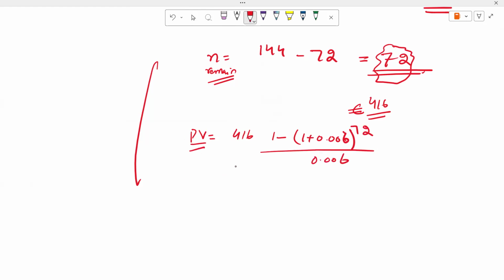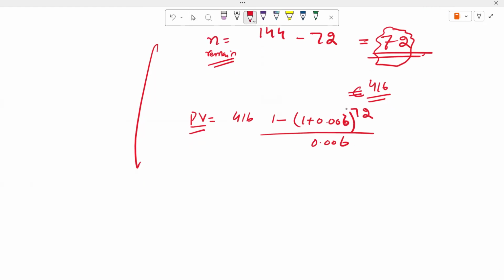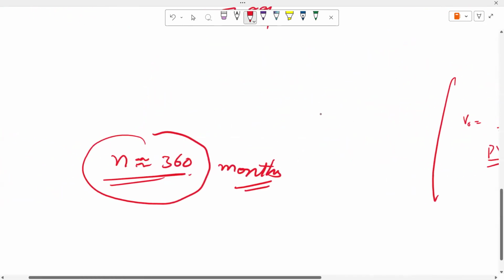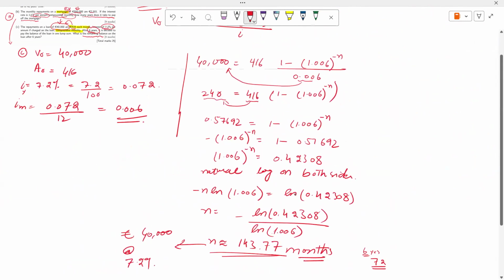Oh, sorry, this is minus 72, because the formula for V naught is actually A naught, 1 minus 1 plus i to the power minus n, divided by i. So this is the formula, right? So A naught is 416. Your i would be the same 7.2 percent, that means 0.006, the thing that we calculated over here, right?